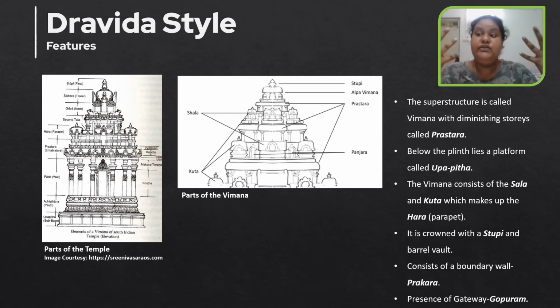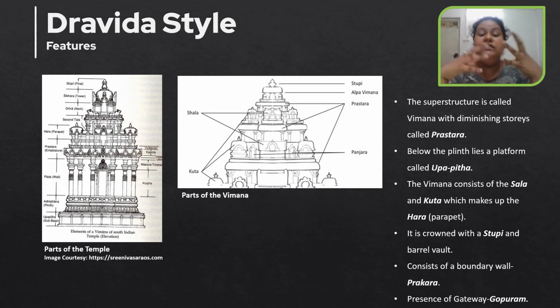There are ideas that there were different methods of putting that barrel vault, that heavy stone. That is a very interesting topic to be talked about. The barrel vault is crowned with the stupi, or the finial, which is also quite prevalent in the Nagara style, like the kalash, and inside we have the small stupis. Here also the stupi is there.